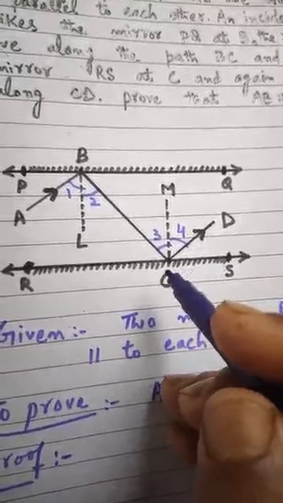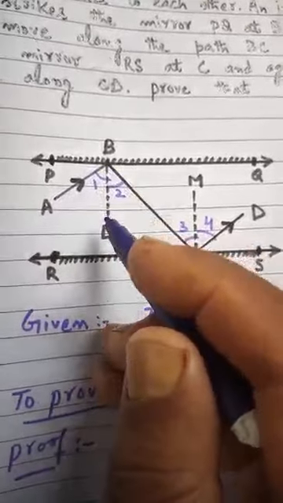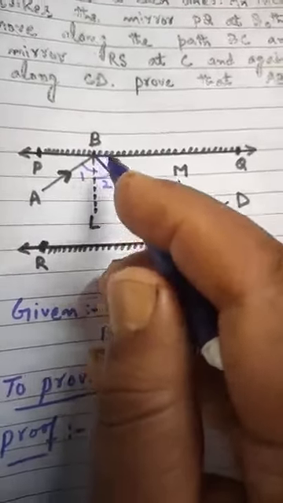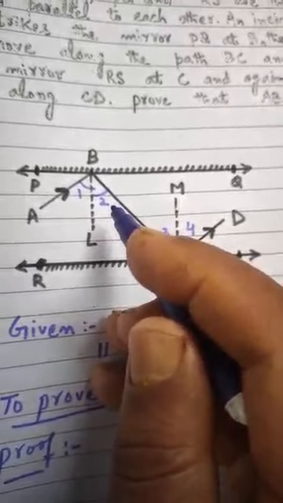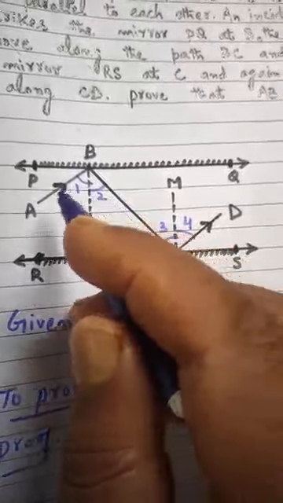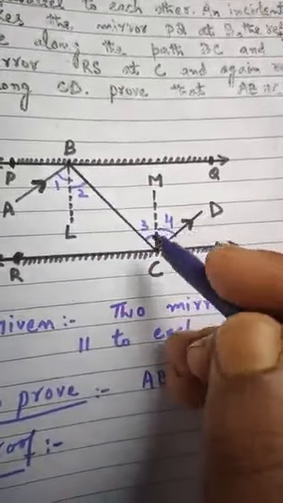This is called the angle of incidence, and angle 2 will be called the angle of reflection. This is the angle of incidence and this is the angle of reflection. Now angle 3.